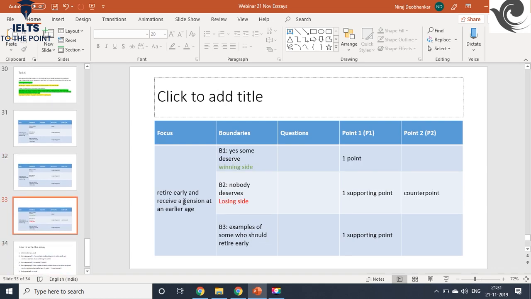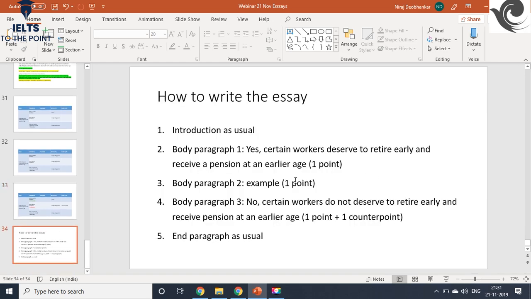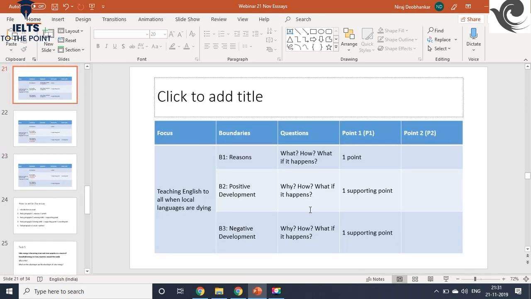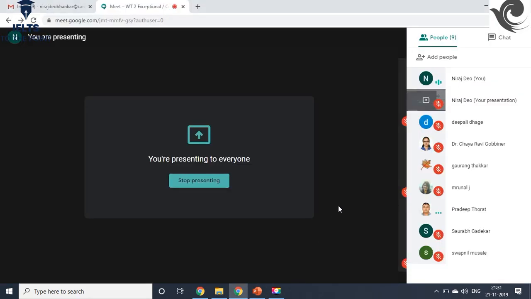But in this case you should be able to see that since they are asking for examples of who should retire early, most probably writing this as the winning side will help you a lot. I hope the things are clear to everyone.